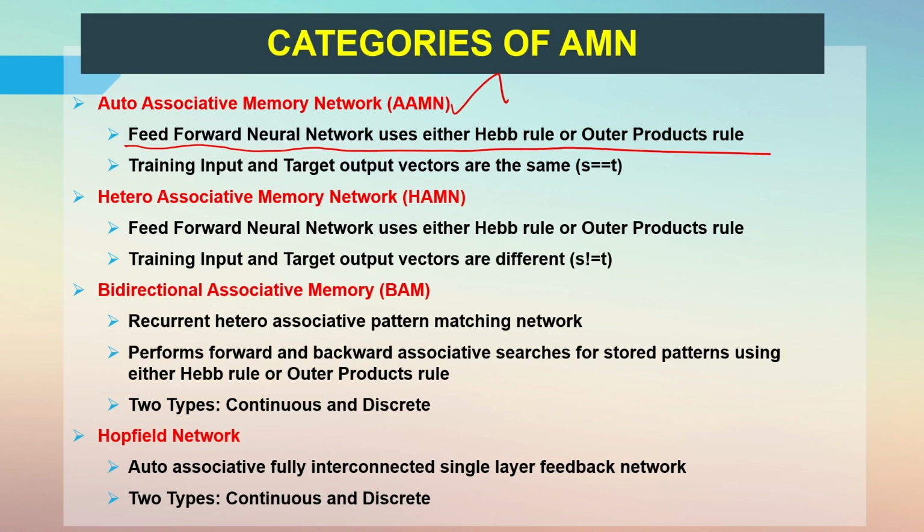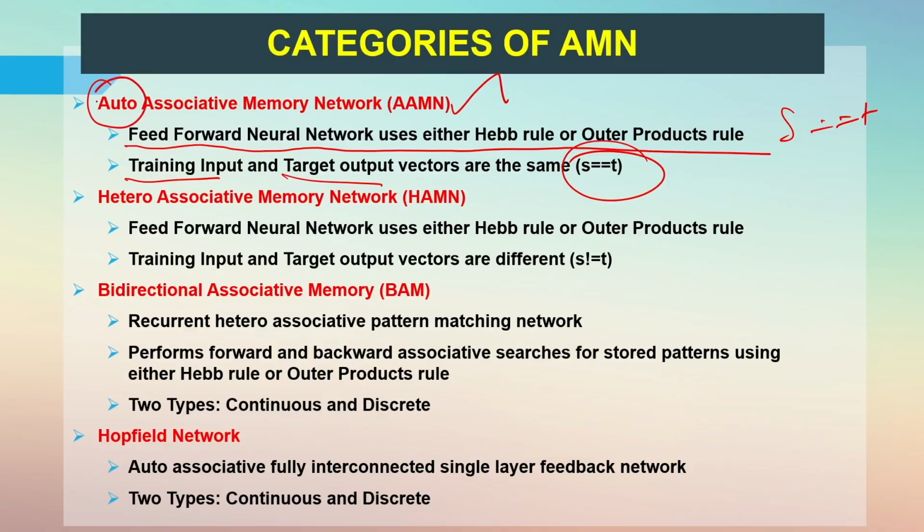And if you want to train this neural network, the training input as well as the target input are the same, S equal to T. That means the input that you have given in the input side, the same data vectors can also be given in the output side. Now, both the inputs and the outputs are mapped in general during the training of the neural network, but here in this case the input is the same value and the output is also the same value.